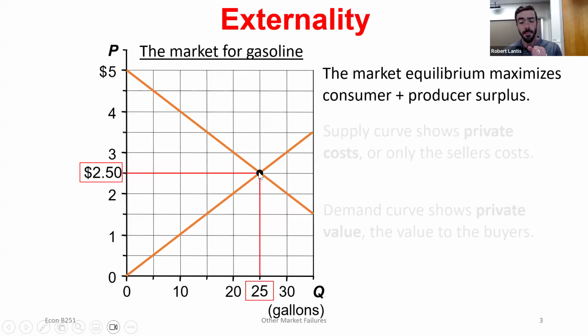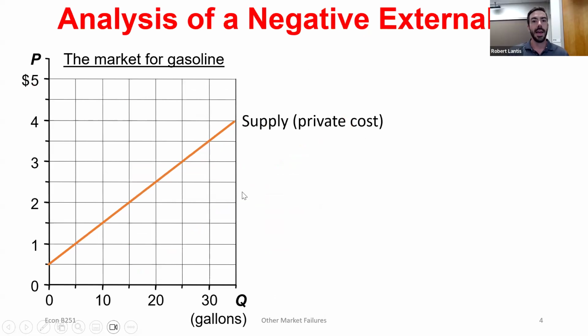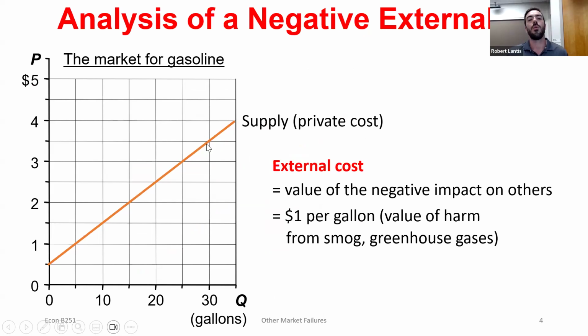In this example I have here, that's going to be at 25 gallons. Now, let's say I have an electric vehicle. I am not a consumer or producer of gasoline. I don't need it. But other people are using it, and that's going to cause some pollution, which will impose an additional cost on me.